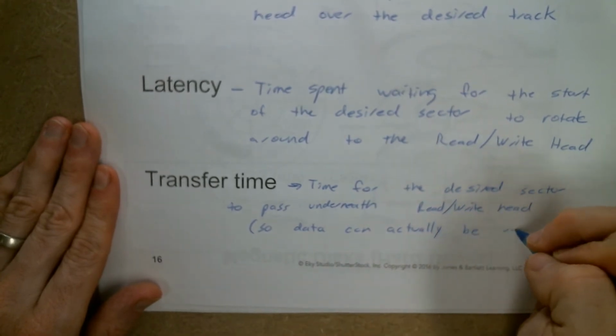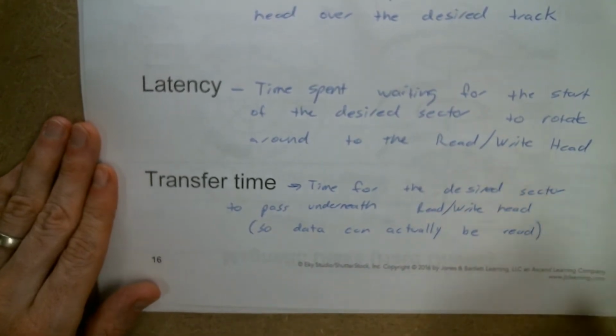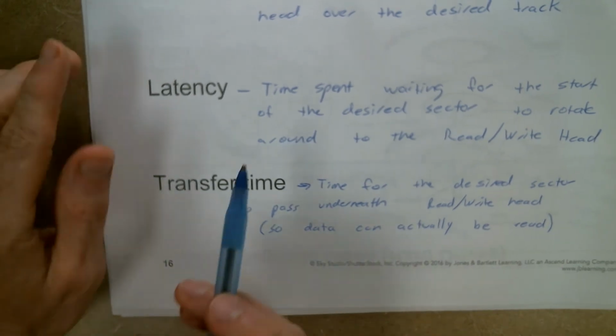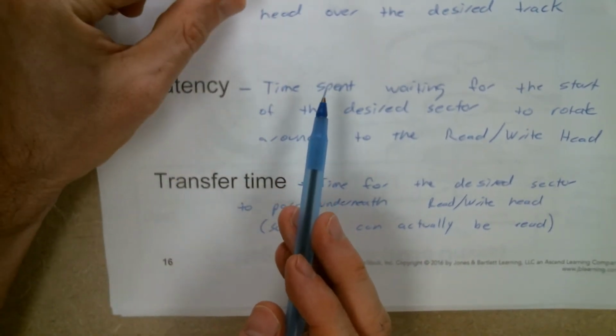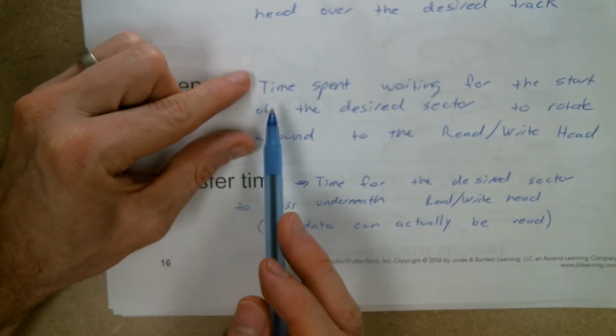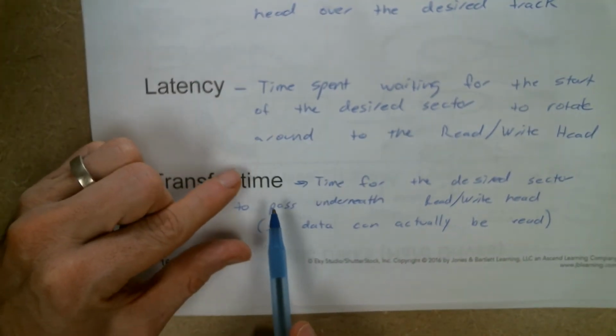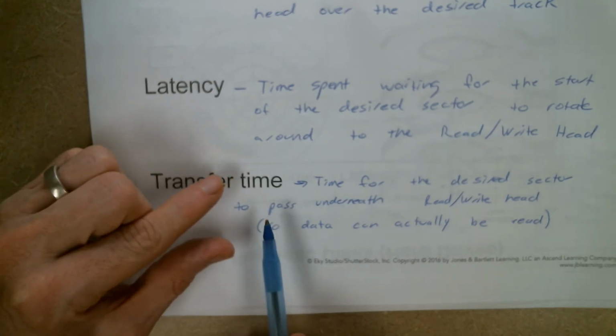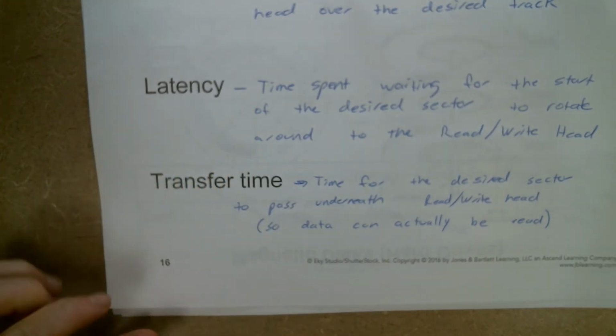Reading the data involves the disk rotating underneath that read-write head. So there's the time for the head to get to the right track, there's the time to spin the disk to the starting location, and then there's however much the disk has to spin to actually read the data that you're trying to get.